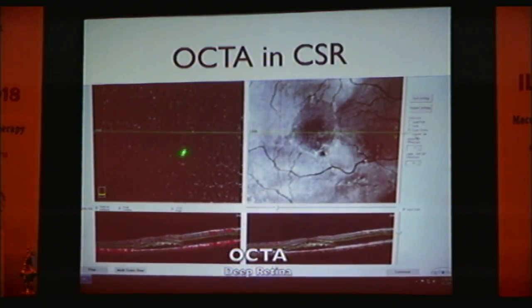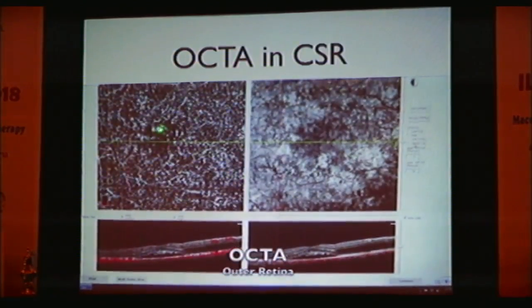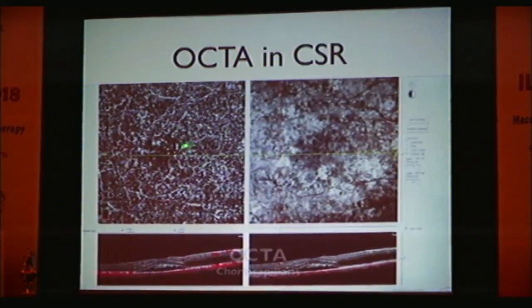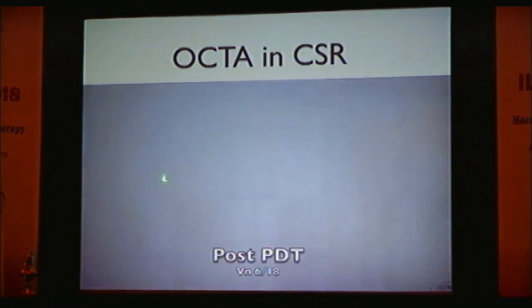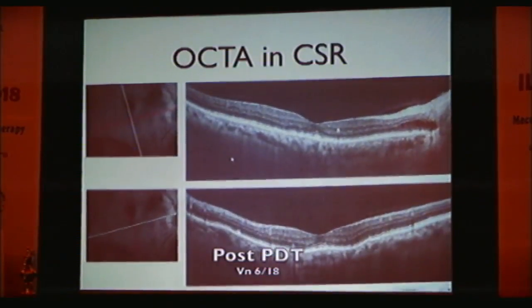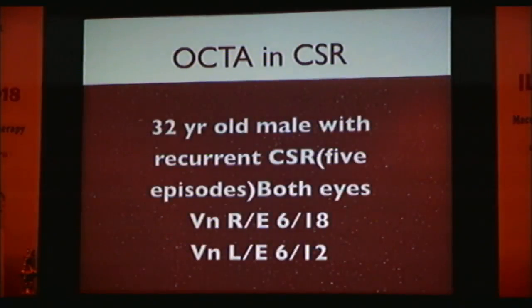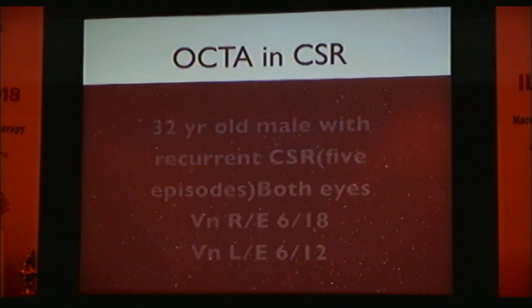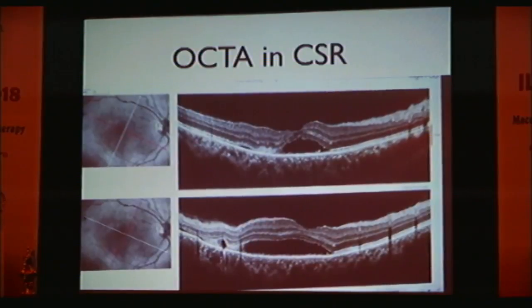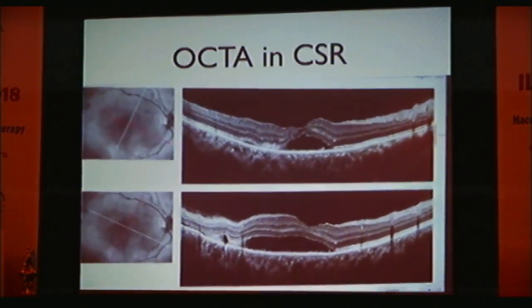And then comes the choriocapillaris, and you can see these bigger vessels, and also the choroid, or you can know the pachychoroid, and this is how it seemed after PDT. I've seen a lot of patients, and PDT never fails in chronic CSR. I have never seen a single patient which has not responded to PDT. This is how it is.